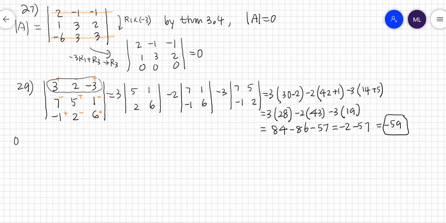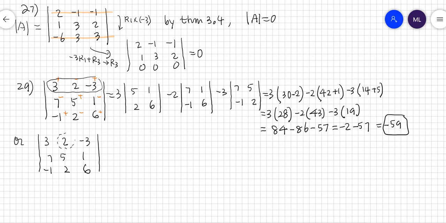But if you make some entry 0, let me copy this one again. So if I say, well, Mr. Lee, how about I want to make something, by just looking at it, I can make this guy 0.